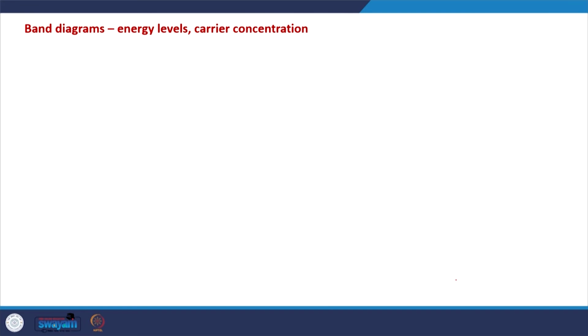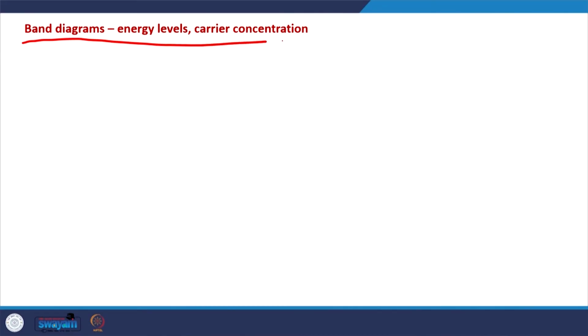So, now I hope this idea of amplification in these devices is clear. Now, let us see how the band diagrams, or how the energy levels, and as a consequence of that, how the carrier concentration is there in these devices. Okay.